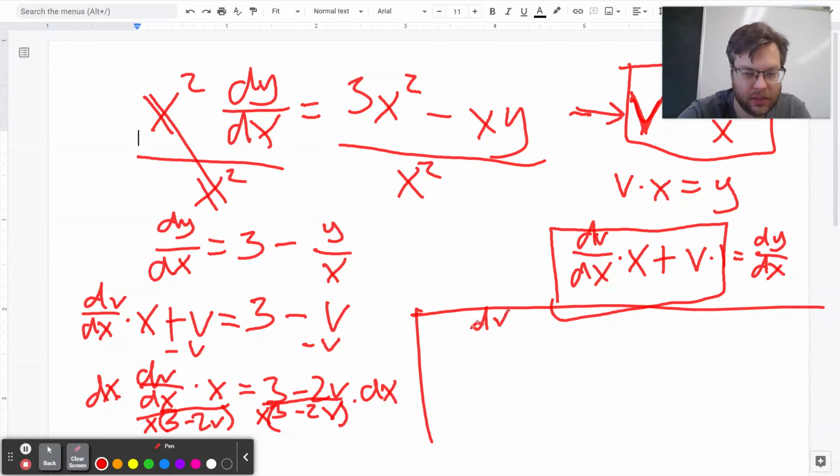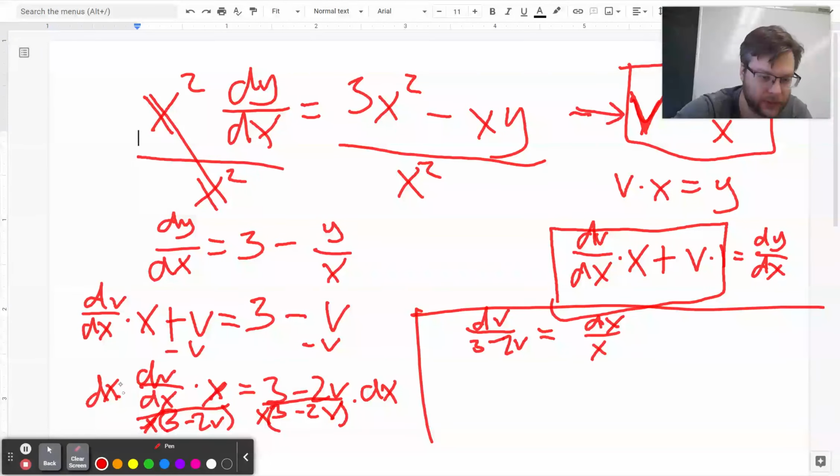So we have dv over 3 minus 2v equals, I guess it's dx over x. So yeah, x's cancel, dx's cancel. So everything looks good. The left side is just a natural log antiderivative.